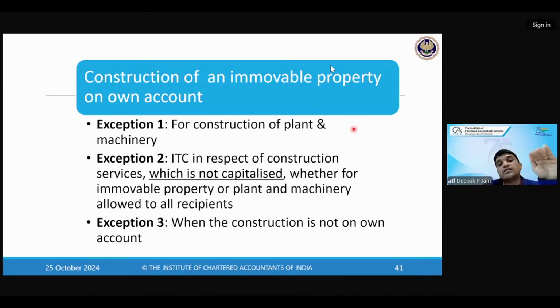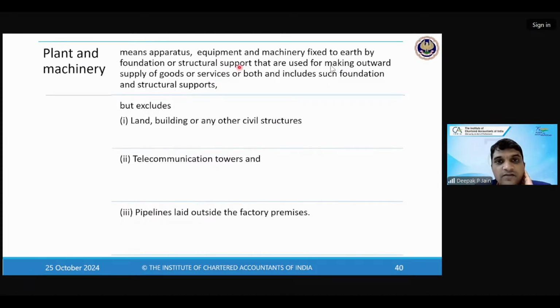Now, if you are constructing any, before that there's a question. If a builder or developer constructs a building and sells that building, then he can claim ITC. Correct. What is apparatus?